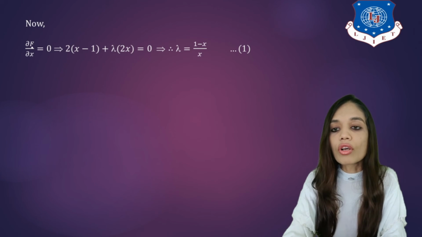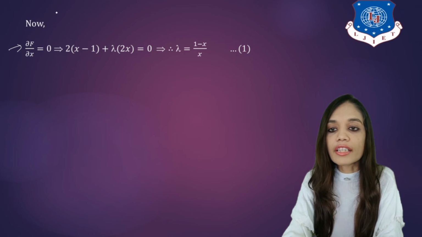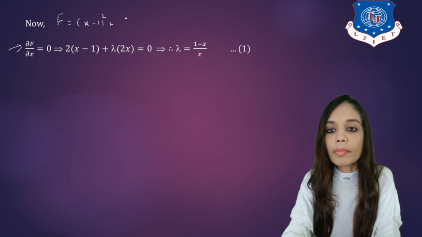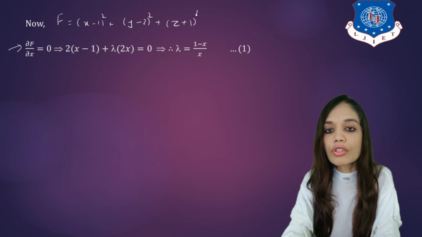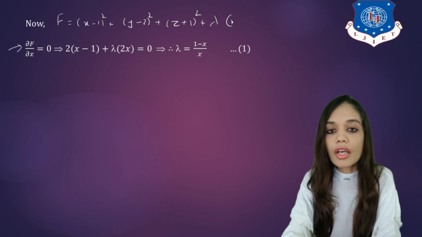Now let us find the derivatives and equate them to 0. So firstly we will find del F by del x and equate it to 0, right? Let me write the function, that is F is equal to (x minus 1) whole square plus (y minus 2) whole square plus (z plus 1) whole square plus lambda times (x square plus y square plus z square minus 24).